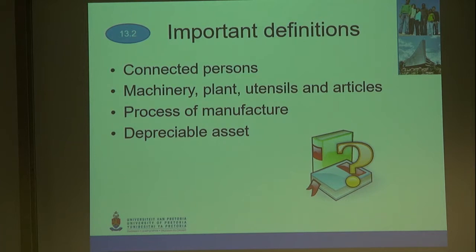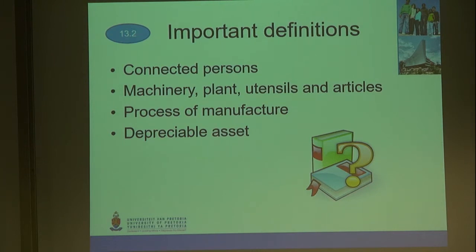Because if I enter into a transaction with my sister, or if I enter into a transaction with my subsidiary company, those are connected persons, there's always room for us to try and manipulate a transaction to get the best possible tax situation. Now, because people do that, we have a whole lot of rules written into our Act for connected persons. Now you can go and look at the connected persons definition that we have in Silk, which obviously comes from the definition in the Act. The definition is quite extensive and actually a little bit difficult to understand.